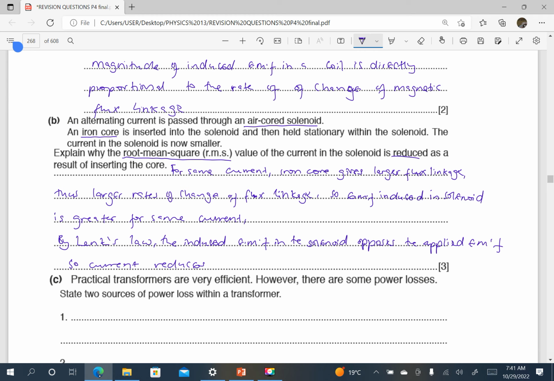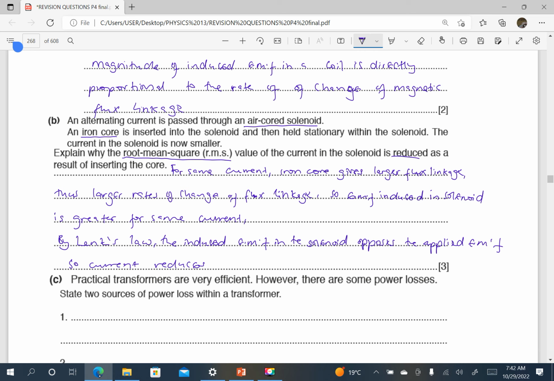So the logic here is very easy. Bringing a core into a solenoid or a coil carrying alternating current increases the magnetic flux linkage. Remember, there is a changing magnetic flux inside the core.